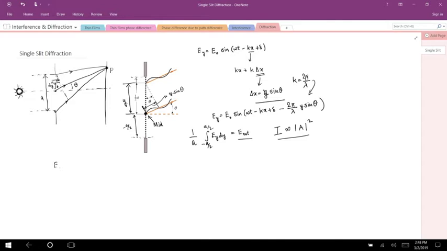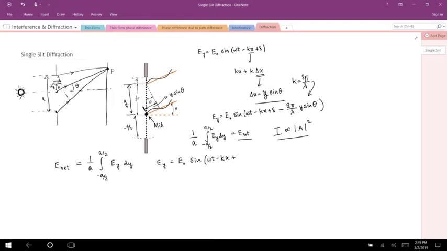So we know that E net, as we found before, is equal to 1 over a times the integral from negative a over 2 to a over 2 of E_y dy. And E_y, we know, is equal to E naught times sine of (omega t minus kx plus delta), minus this quantity over here, which for now let's call delta delta.